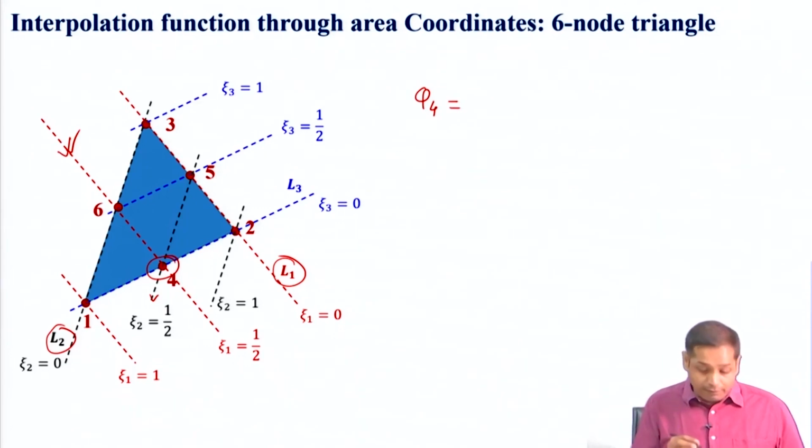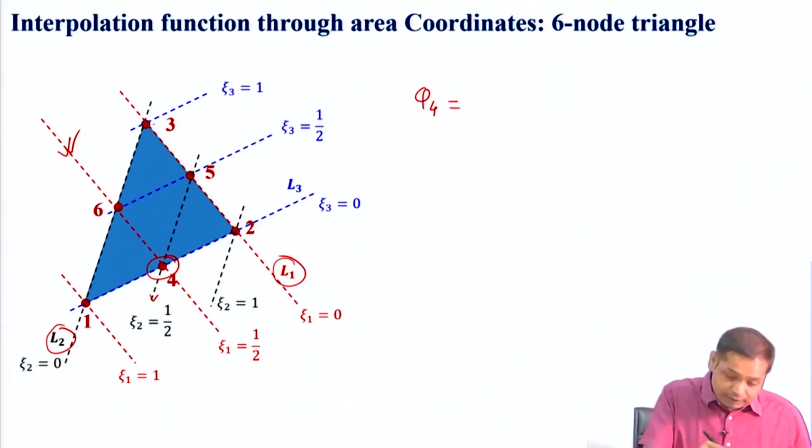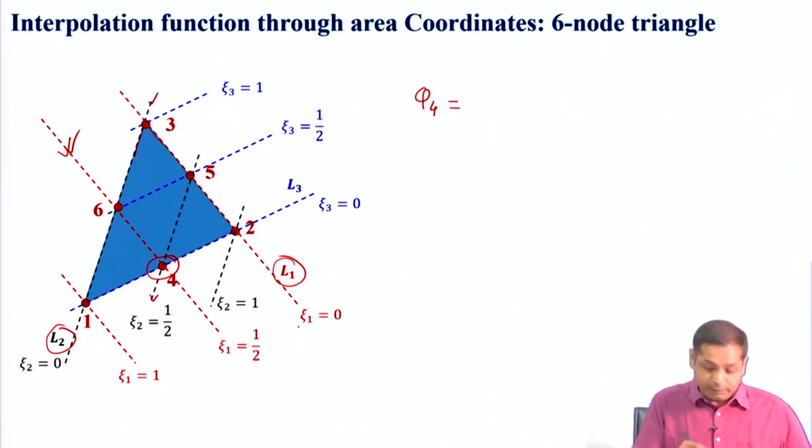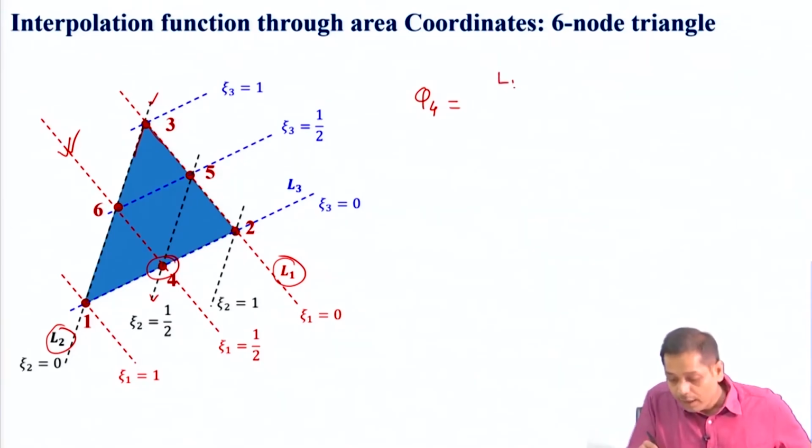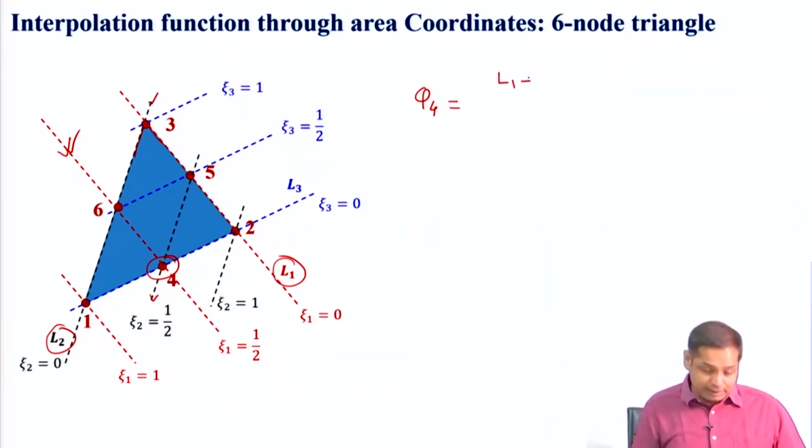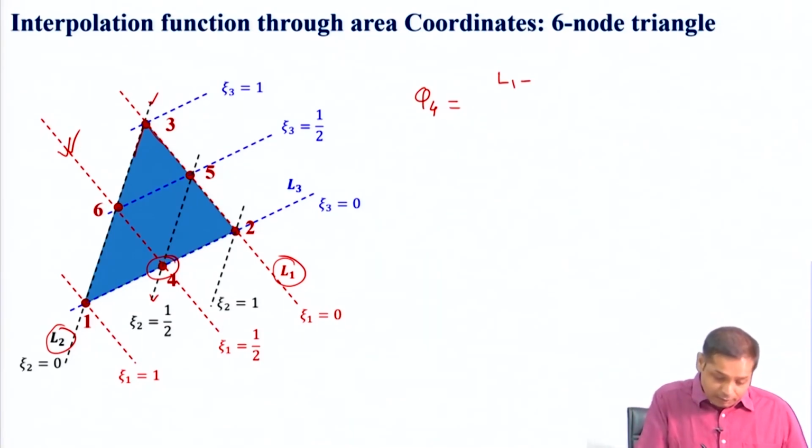Because on this line and on this line and on this line, phi 4 will be 0. So phi 4 will be first L1 minus, so this is our phi 4.